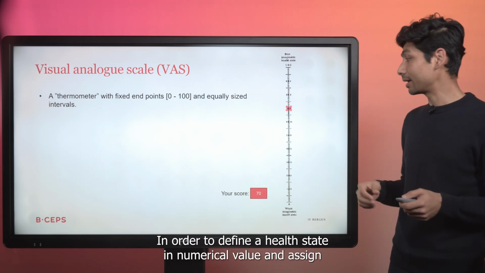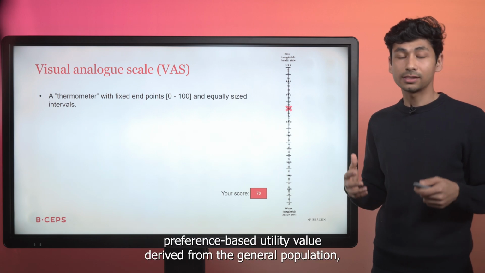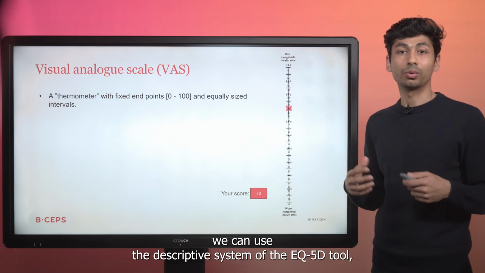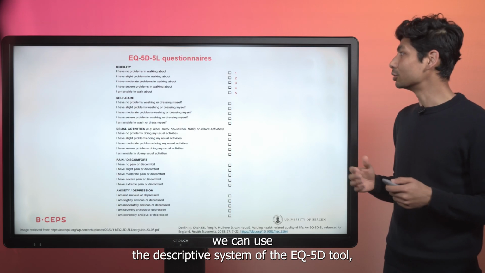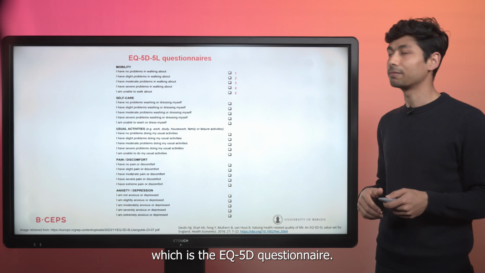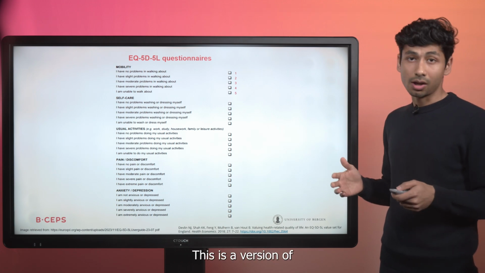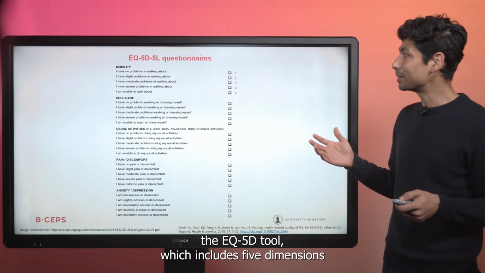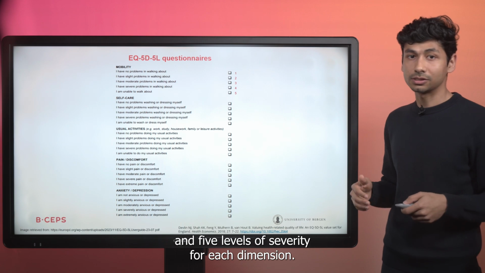In order to define a health state in numerical value and assign preference-based utility value derived from the general population, we can use the descriptive system of EQ5D tool, which is the EQ5D questionnaire. This is a version of EQ5D tool which includes 5 dimensions and 5 labels of severity for each dimension.